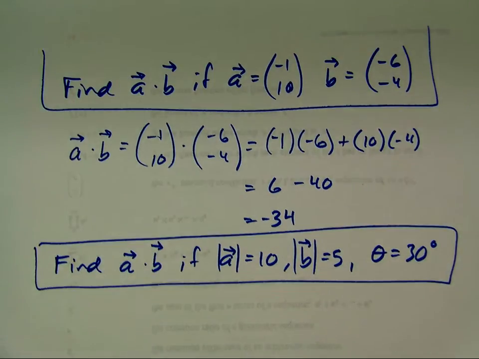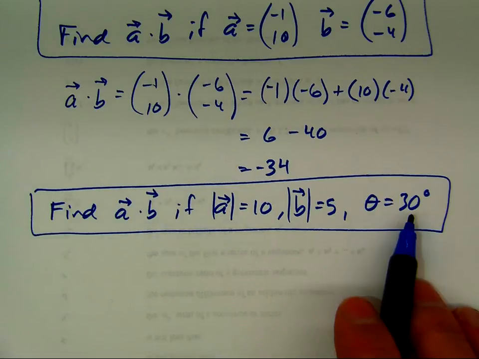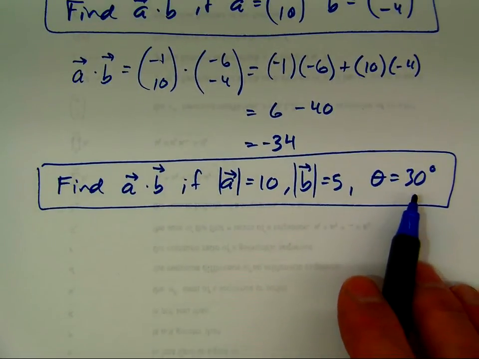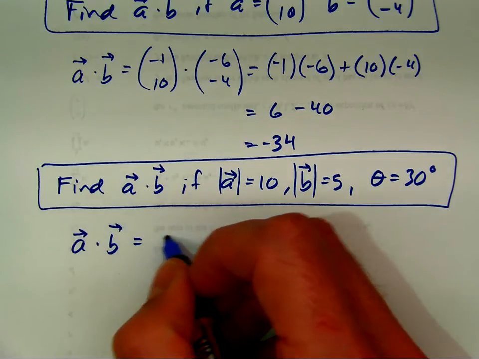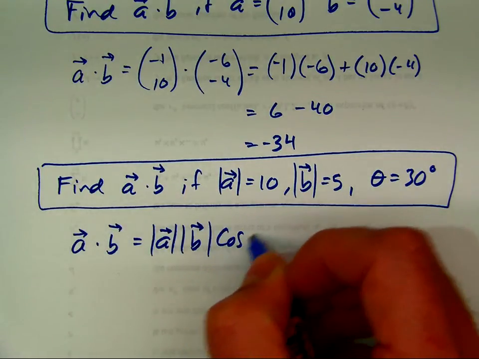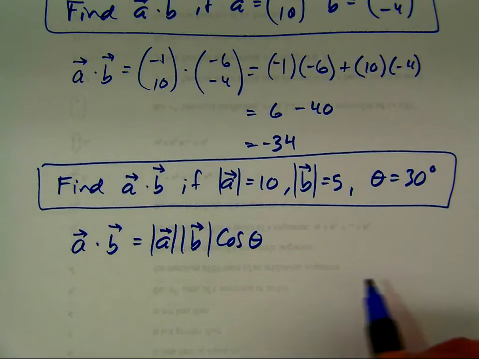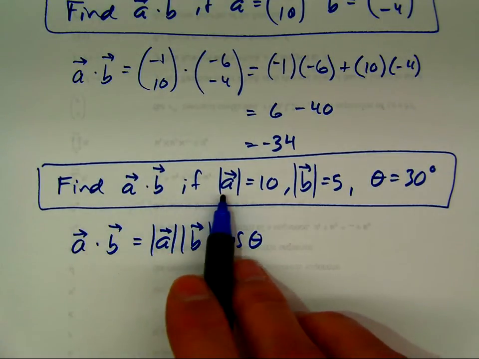Here's another type of question. They want the dot product, but they give an angle. So now we need to use the equation that has an angle in it. And we don't know the vectors. All we know are their magnitudes.